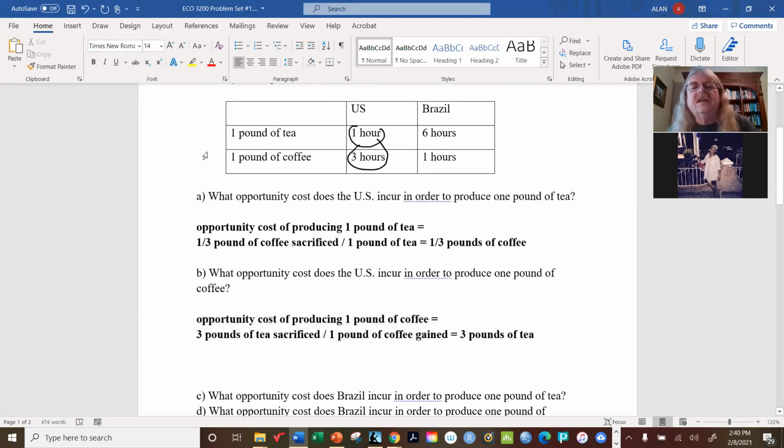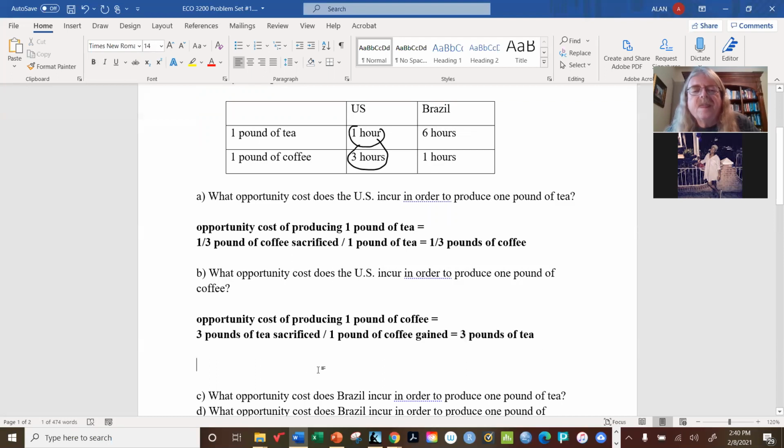As soon as you see that the opportunity cost of the tea is 1/3, that implies that the opportunity cost of the coffee must be 3. That saves us a little time, but you should still be able to reason it out logically. It's always, how much do we give up to get 1 unit of the item that we're gaining?